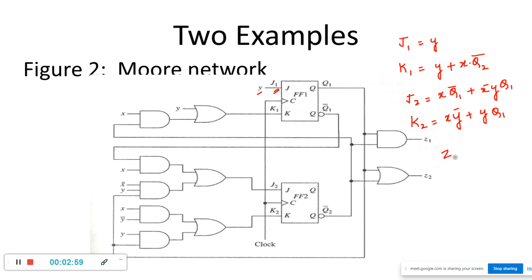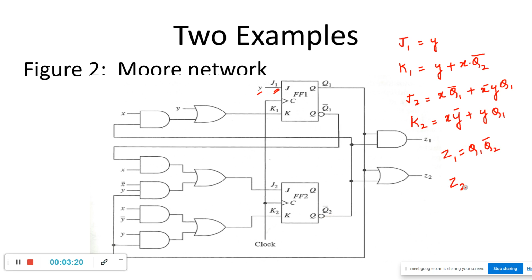Next, one of you unmute and tell me what is Z1 equal to? One input is Q1, another input is Q2 bar, isn't it? So Z1 is equal to Q1 and Q2 bar.